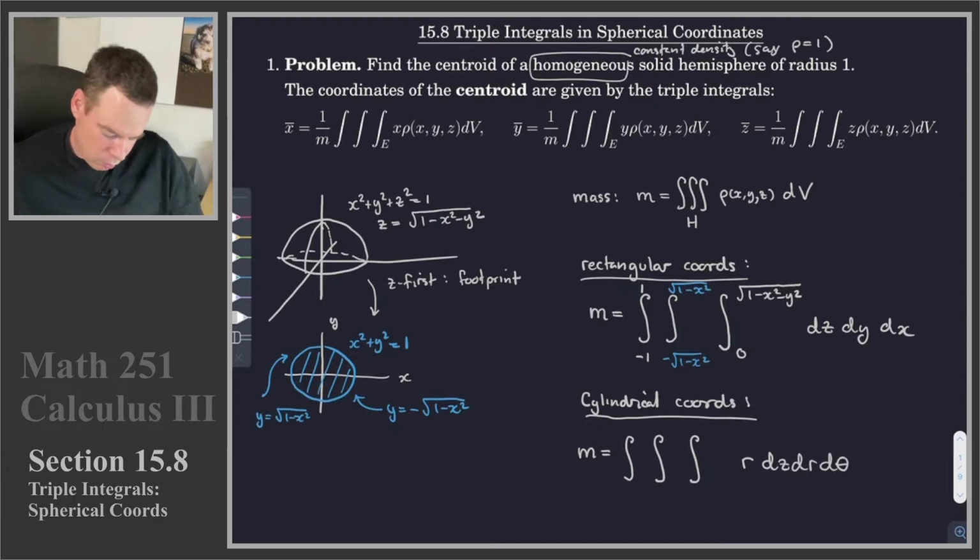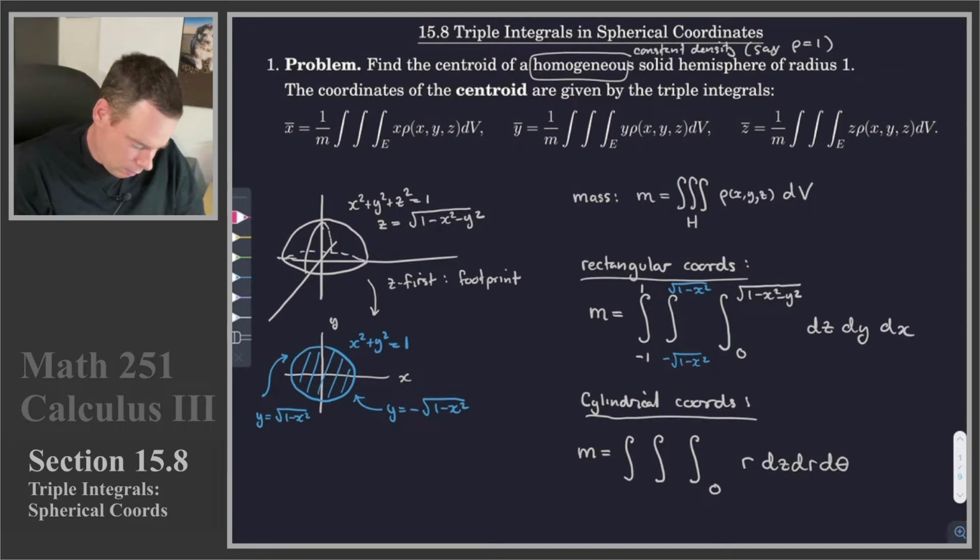So z ranges from 0 all the way up to the hemisphere, but in terms of cylindrical coordinates, we have z equal to the square root of 1 minus r squared.